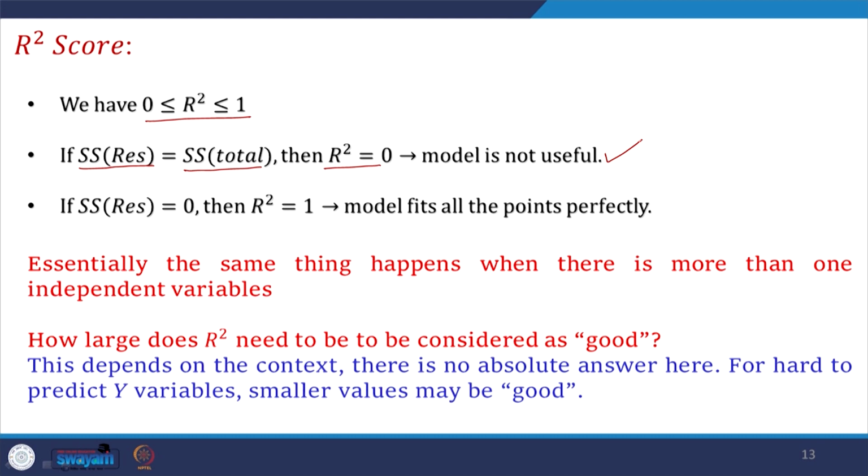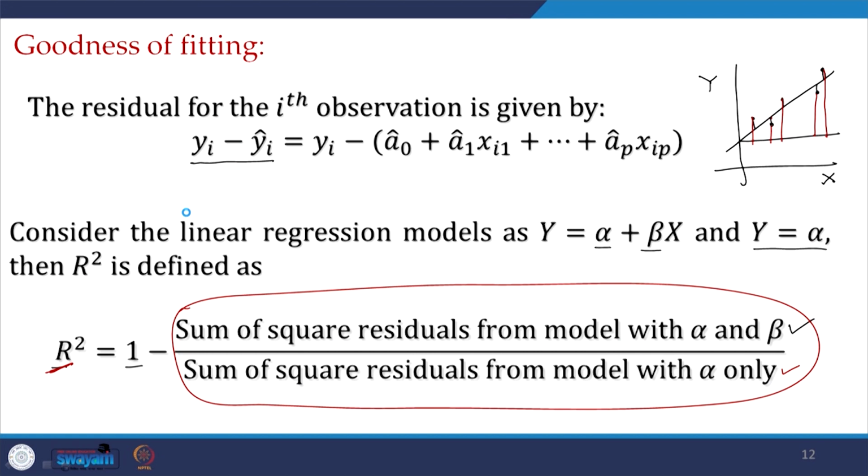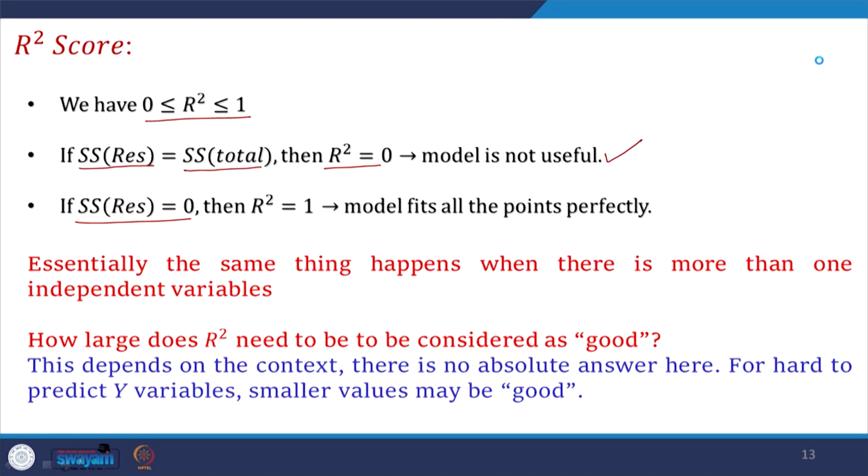Whatever model you obtained after regression, that is not at all useful. On the other hand, if the sum of square of residuals equals 0, it means your line is passing through all the points given as regression input points. Then R square will be 1 and the model fits all the points perfectly. Okay. You are having 0 error in your model.